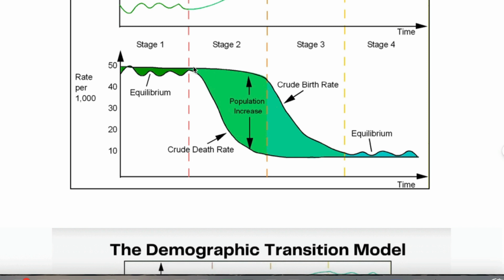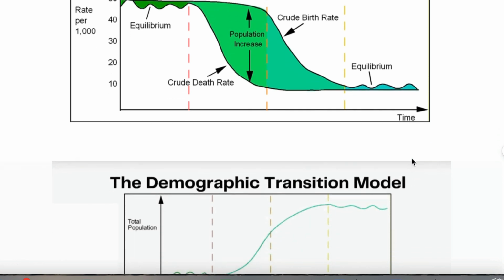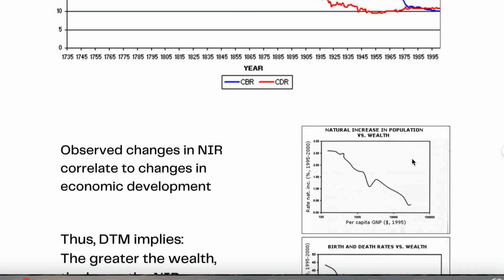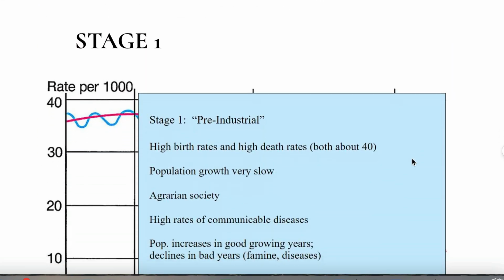Then you come down here into stage 2, birth rate stays high, but death rate takes a dramatic drop. Stage 3, birth rate comes down to match death rate, and that's why you hit that equilibrium again in stage 4.